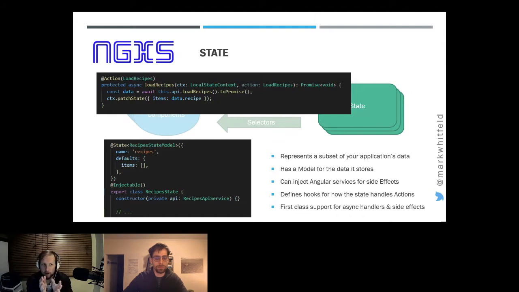We're not actually using the payload in this case, but as you can see, I can virtually just use async await here. I can go and await a load recipes call from my API, just convert it to a promise and await that. And then I go context.patchState, and I set the items from what was returned from my data call. So you can use very basic constructs like async await and all of those sort of things. But you can also use observables if you want to get more fancy with the RxJS and those sort of things.